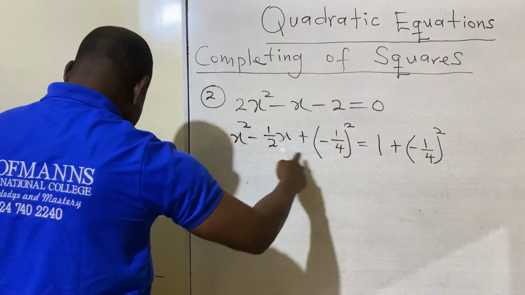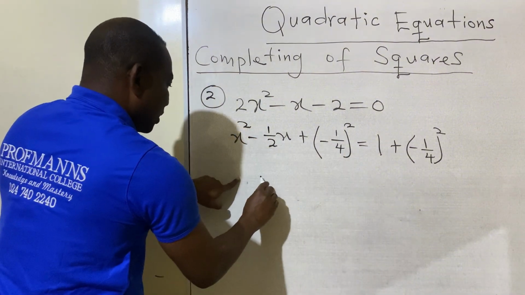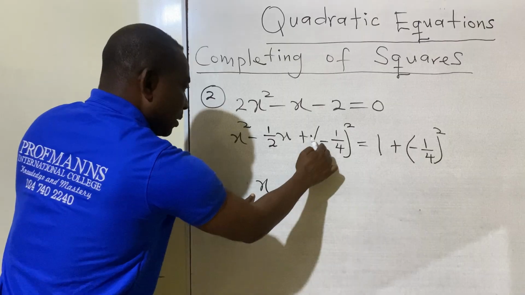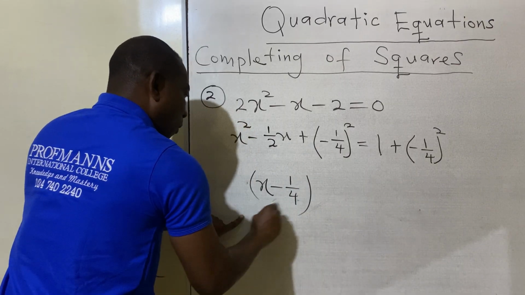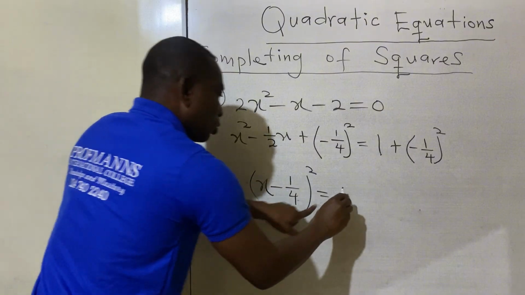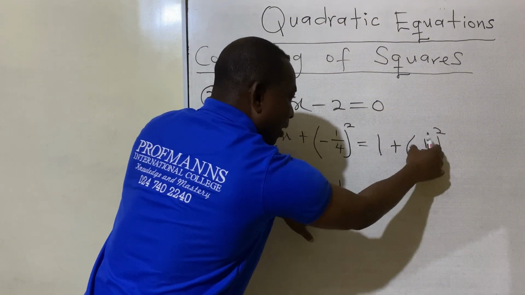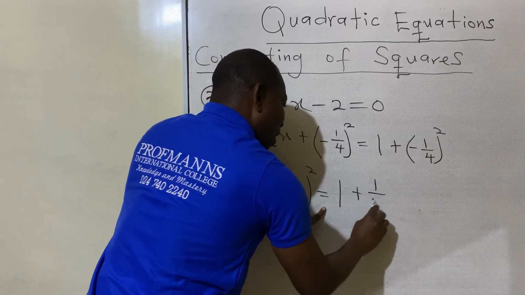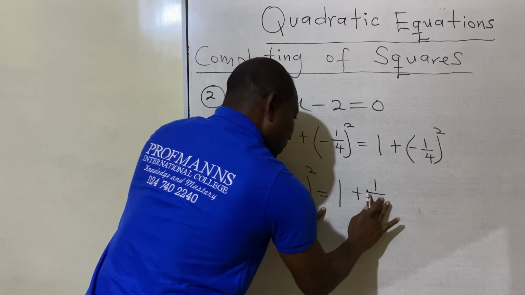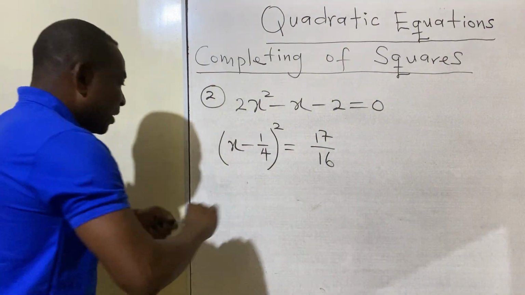This now becomes a perfect square. So the perfect square for this is x, this is minus 1 over 4 all squared is equal to 1. And then when we square this, it becomes positive. So it gives us positive 1 over 16. Here we find the square root of both sides.